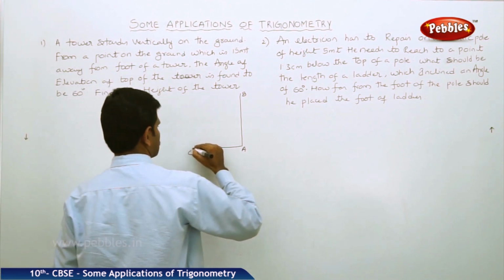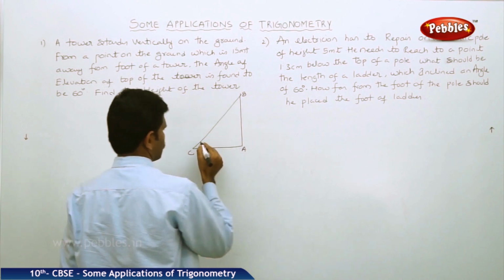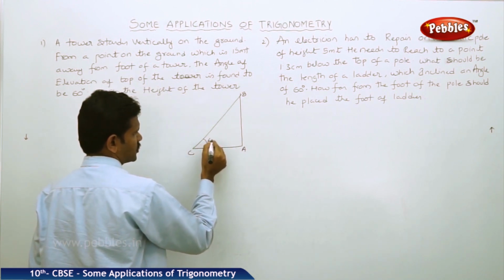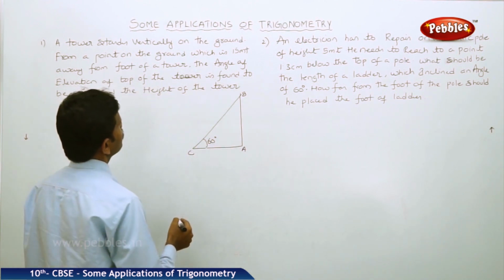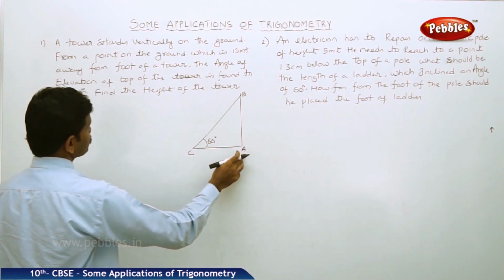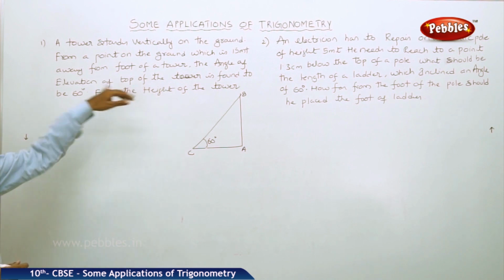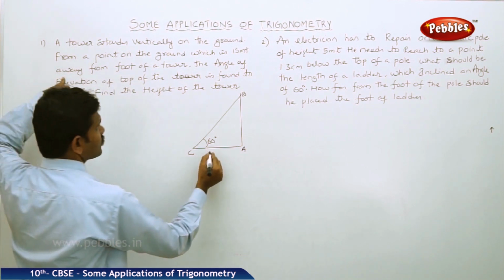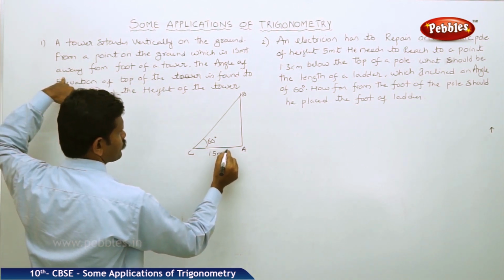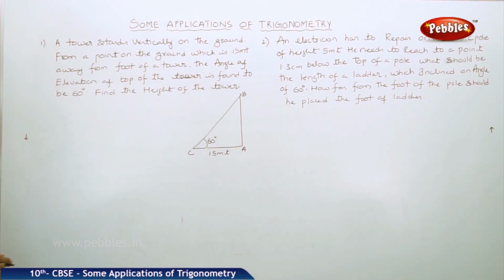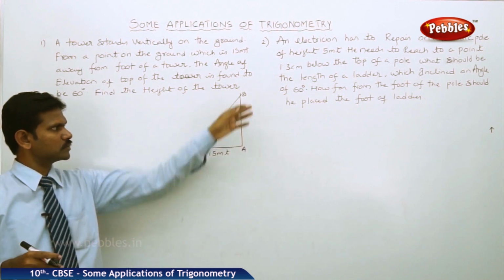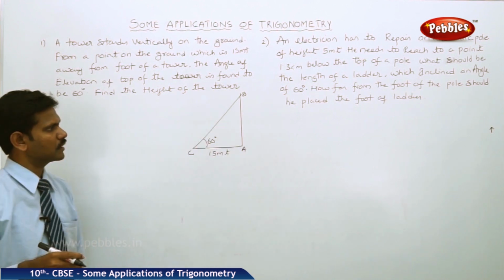That is, the top of the tower is B, the angle is 60 degrees, and the point is 15 meters away from the foot of the tower. Find the height of the tower. That means we have to find the height of the tower AB.